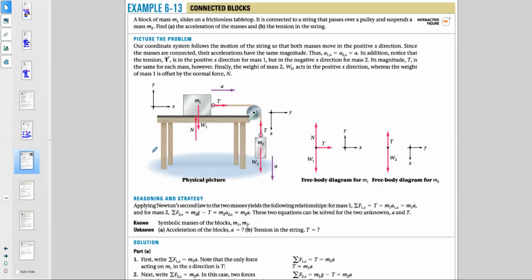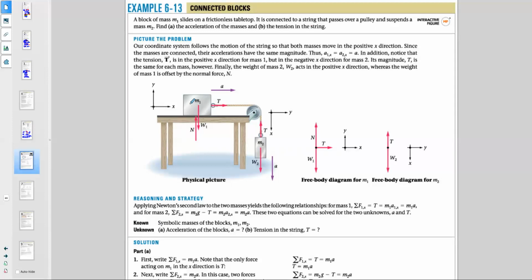Example 6.13. It's a very common physics example. A block of mass M1 slides on a frictionless table. So the table does not have any type of friction.